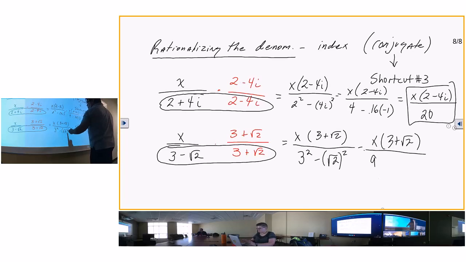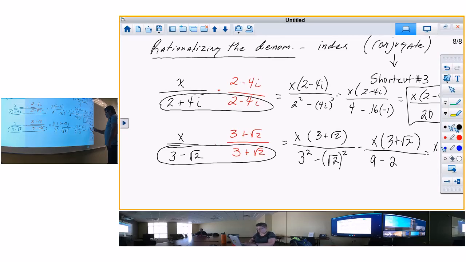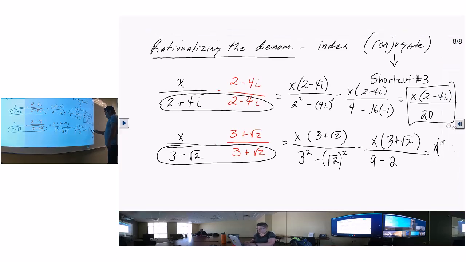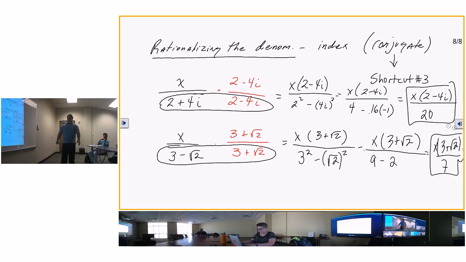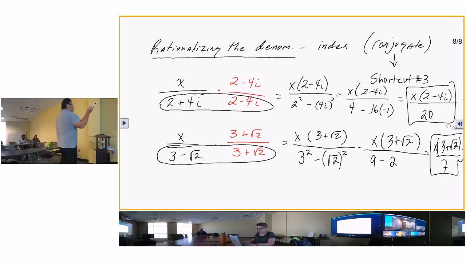What is the square root of 2 squared? 2, Hubert. Thank you, class. So that's x times 3 plus square root of 2 over 7. Knocking some cobwebs loose? Yes, no, maybe? Yeah. Okay. So that's rationalizing the denominator. Make sure you understand those two problems because you're going to see it in limits.